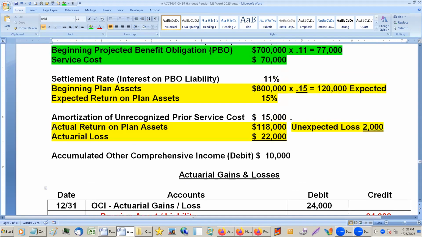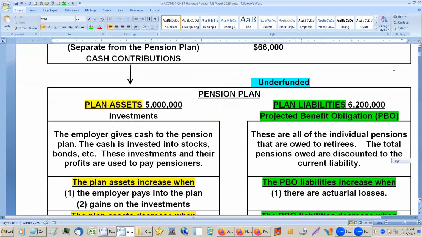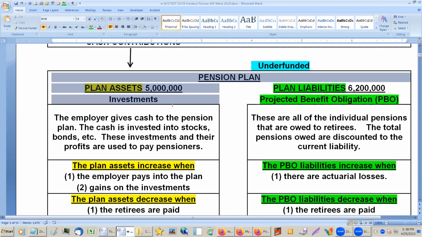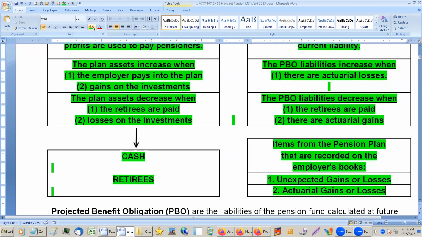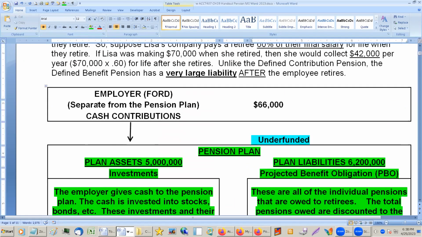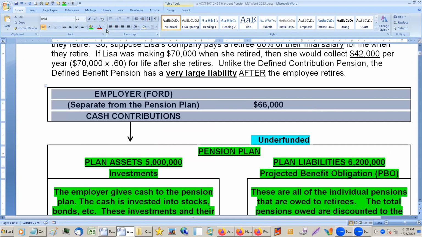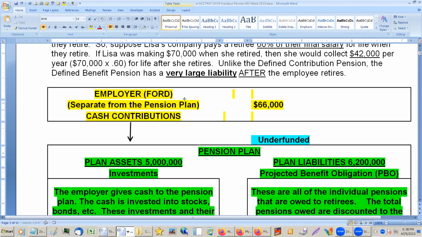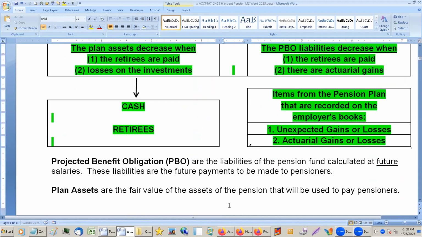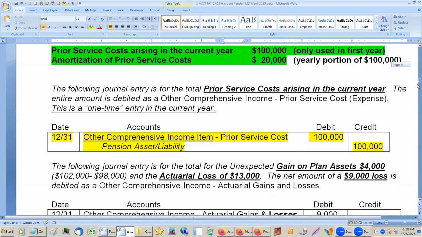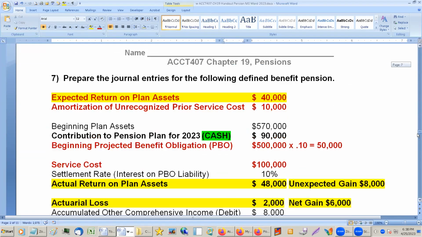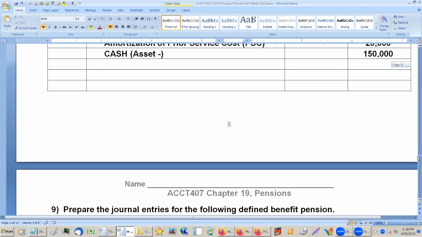And the big thing, going back to the first page, was that the pension plan was separate from the company. So separating them out really helped with the calculations of it. And I think that they're still very accurate.